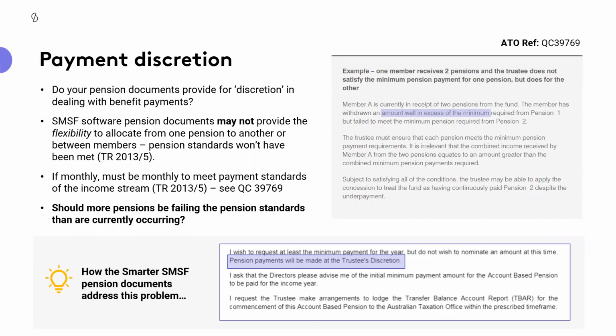So again, looking at your pension documents, do they provide for discretion in dealing with the payments? Because when you look at your SMSF software pension documents, arguably they may not provide the flexibility to allocate from one pension to another or between members.